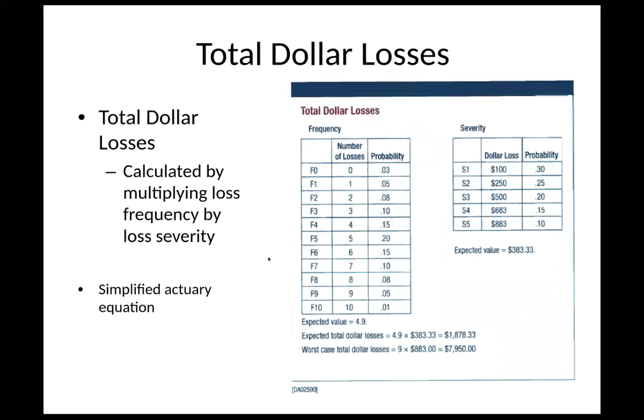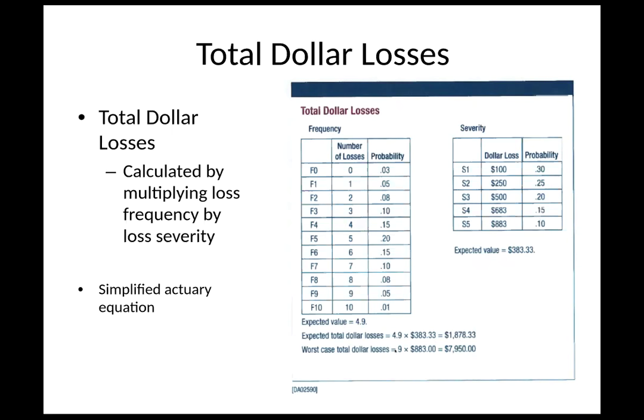And so now when we look at the data, this is what they basically come up with, right? Total losses calculated by multiplying loss frequency by severity, and we come up with an expected value, in this case, of 4.9. Expected total dollar losses, 4.9 times 383, is where we're going to have 1,800.